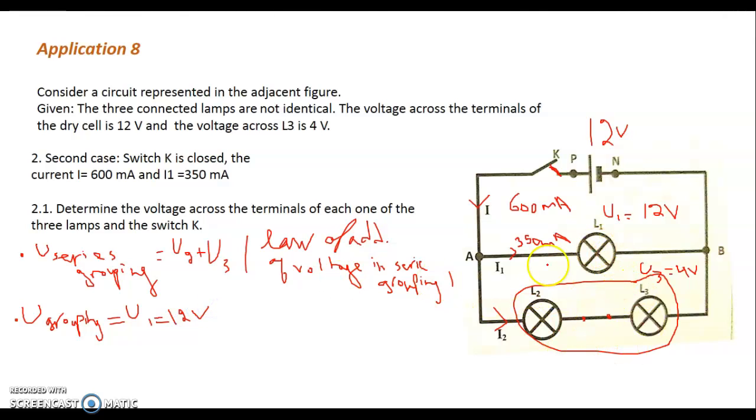The grouping is in parallel to L1, so due to the law of uniqueness of voltage in parallel grouping.